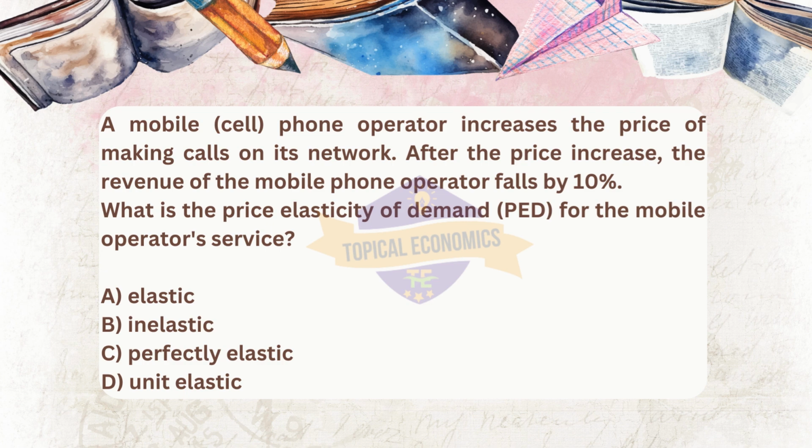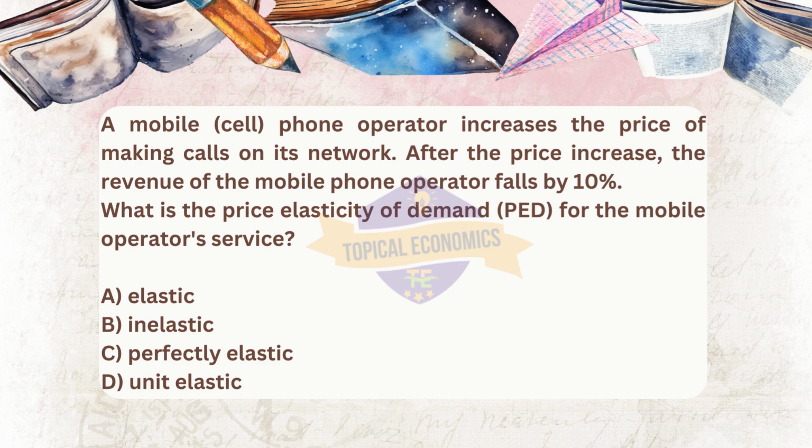We know that when demand is elastic, PED > 1, a price increase leads to a more than proportionate decrease in quantity demanded, resulting in a decrease in total revenue. When demand is inelastic, PED < 1, a price increase leads to a less than proportionate decrease in quantity demanded, resulting in an increase in total revenue. When demand is unit elastic, PED equals 1, a price increase results in no change in total revenue.